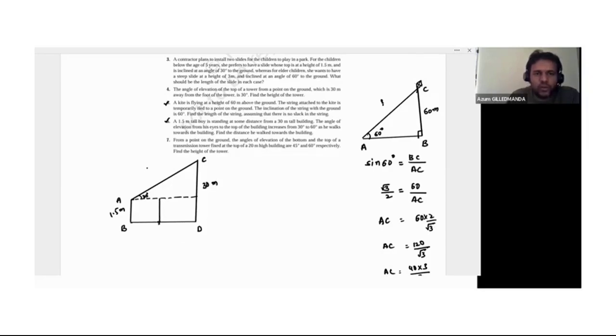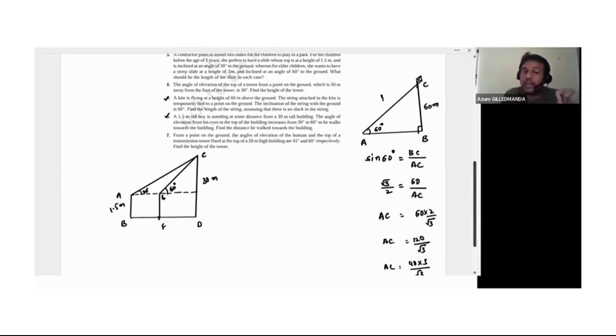The new position of that boy from A, B, C, D, I'll just use EF. Okay. The new position of the boy is here at EF. Now from here, if we look at the top of the building, the angle of elevation has increased from 30 to 60 degrees. Understood? Right. As he walks towards the building, find the distance he walked towards the building. Now you understood? So this is the diagram.